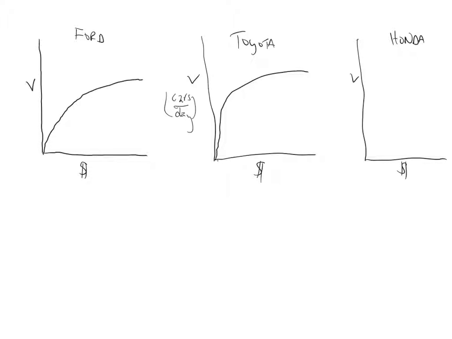Okay, here, let me redo that one because that's not a very good one. So all three of them are going to have a Vmax, the maximum number of cars that they can make in a single day.